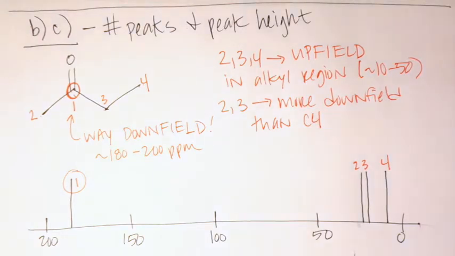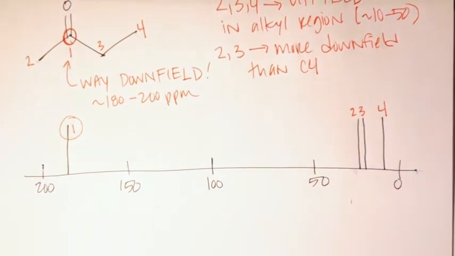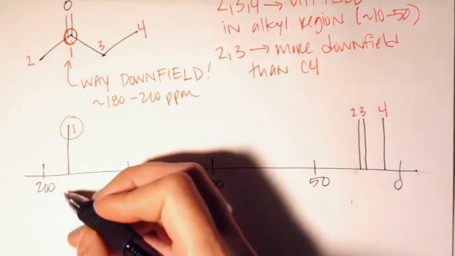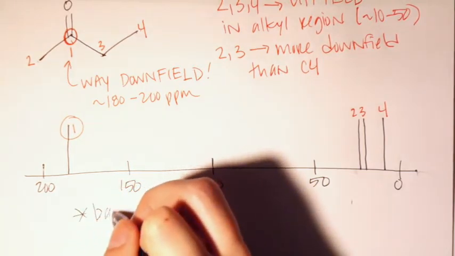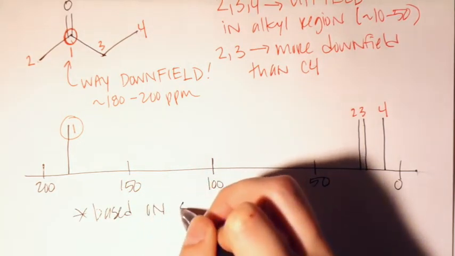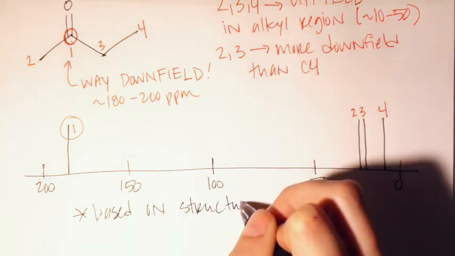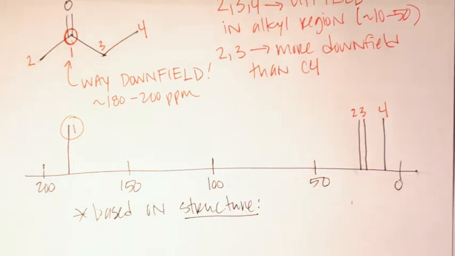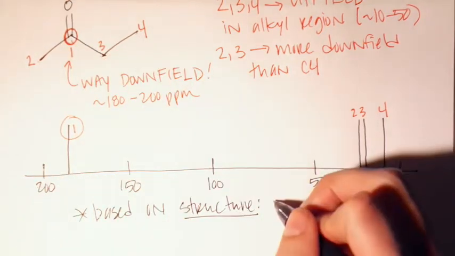Okay, so just to sum up what we're getting from this structure. If we just looked at the structure, we'd expect to see 4 different peaks because we have 4 different carbons in this molecule.